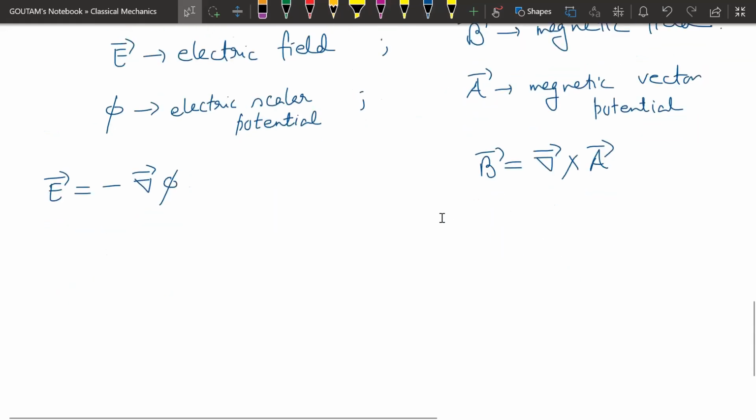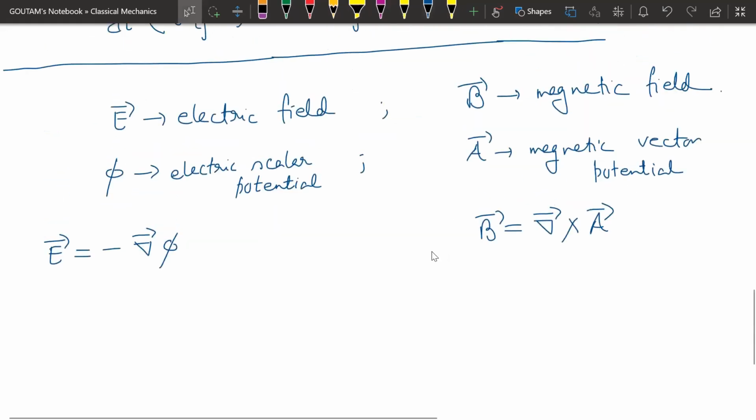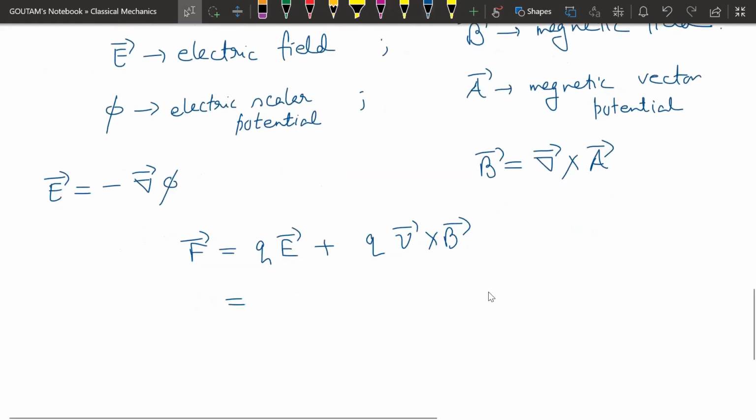So now the Lorentz force on a charge which is moving with a velocity v in a space where the electric and magnetic fields both are present will be the electric force plus q into v cross B, the magnetic force, which will be q(E plus v cross B).